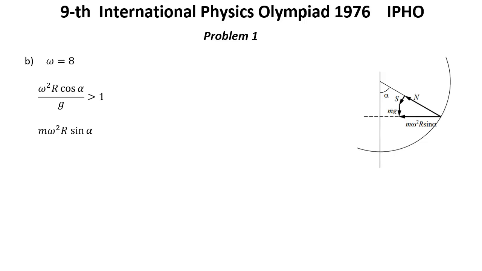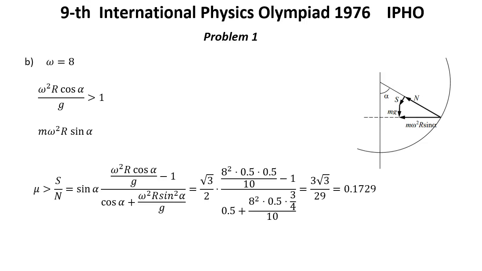Conditions for the minimal coefficient of friction is the next one. Mu must be greater than S over N, which is this expression now, and after putting new numbers we have 0.1729. So that was the solution for question B.